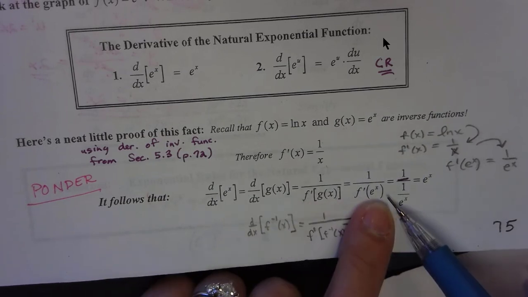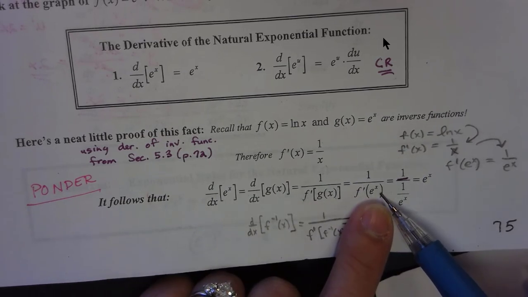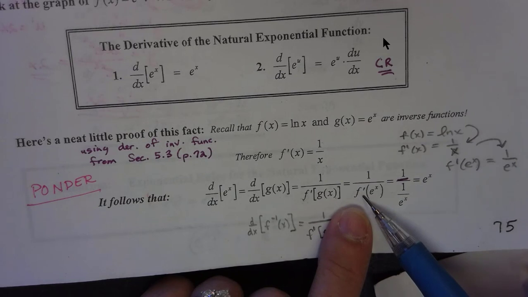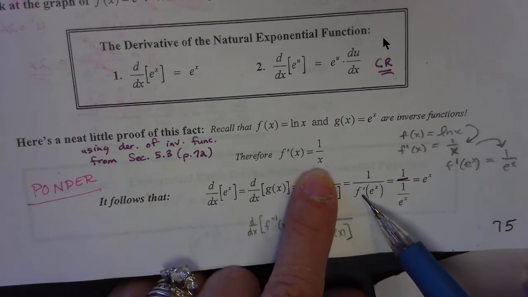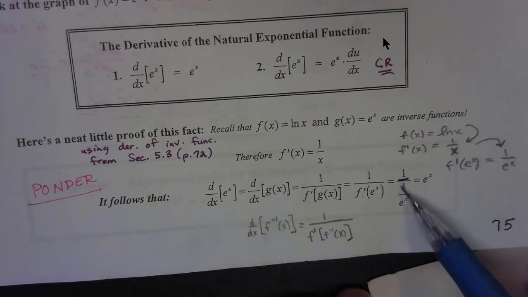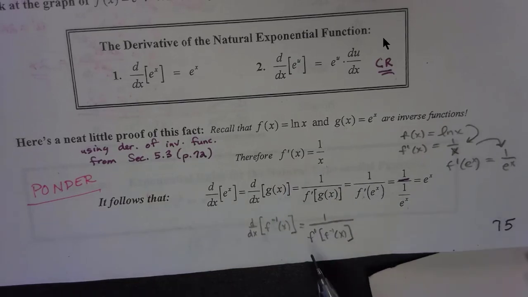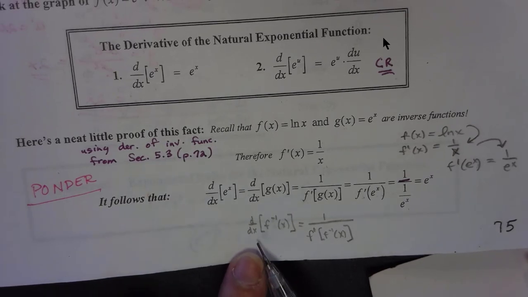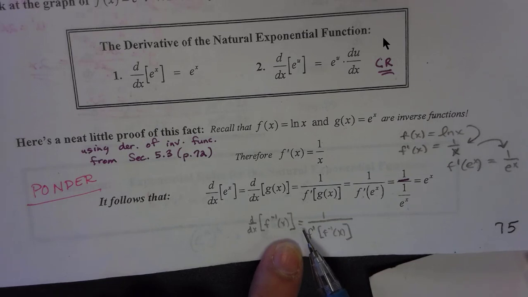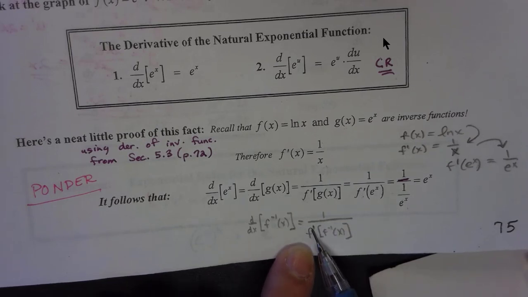Well, g of x is e to the x. We know that this is 1 over f prime, which is 1 over x, so 1 over my argument. And guess what? That's e to the x. I'm recalling this property that we learned, that the derivative of an inverse is 1 over the function derivative evaluated at the inverse.